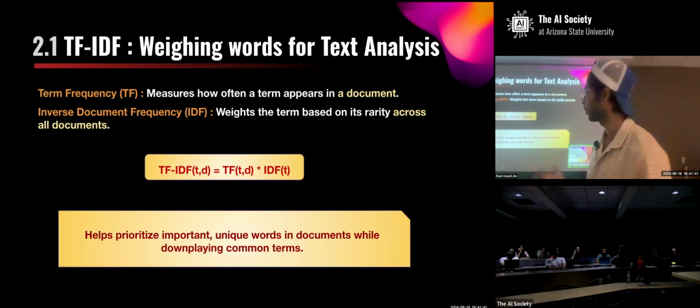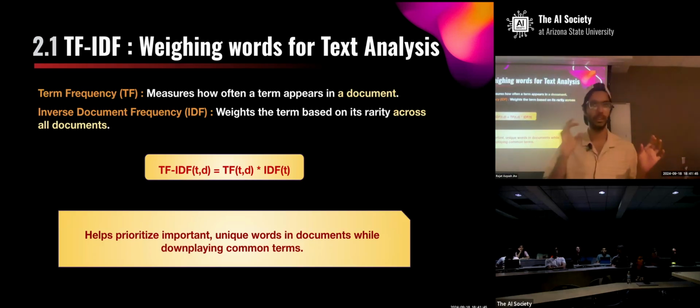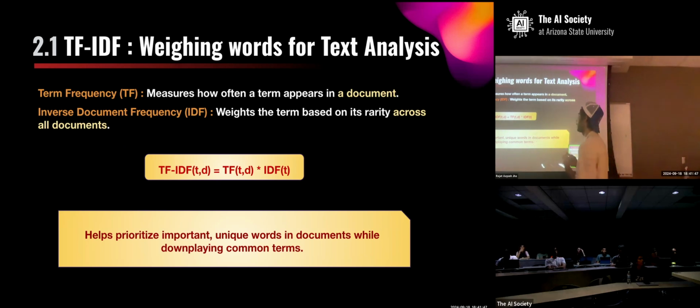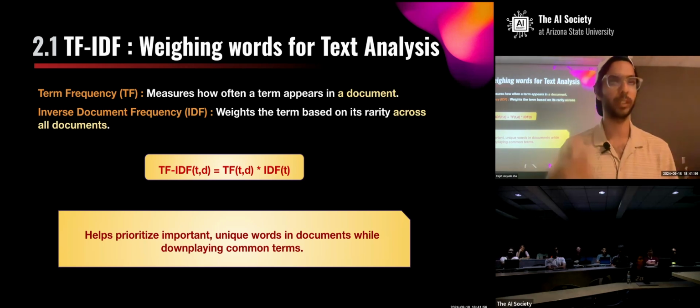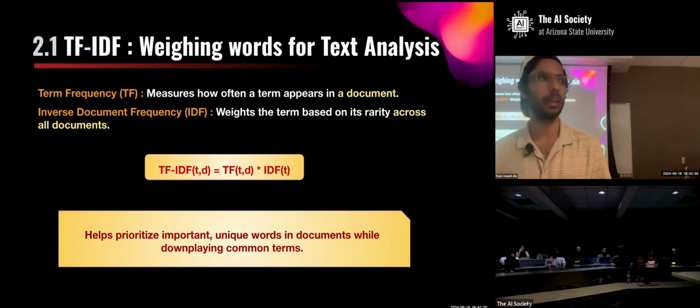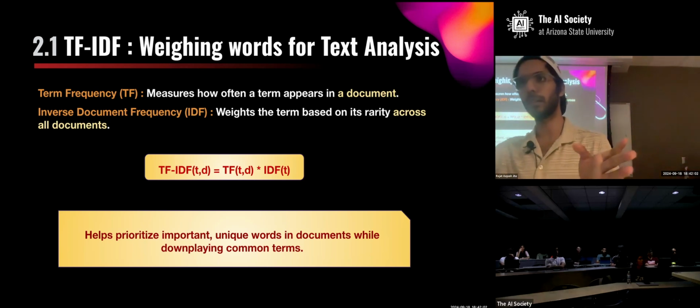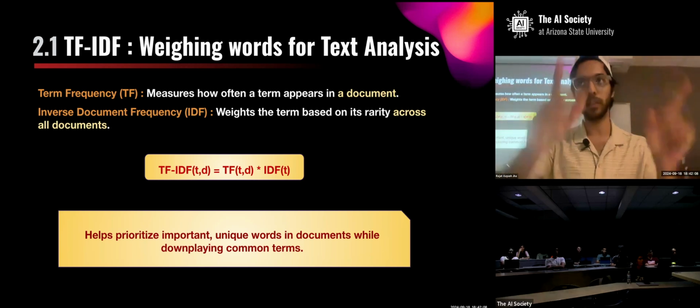There are two parts in this, term frequency and inverse document frequency. What does term frequency mean? It means how often a term appears in a document. You count the number of times a word is appearing in a document. That is term frequency. There can be multiple documents, let's say 10 documents, and term frequency is specific to a particular document.